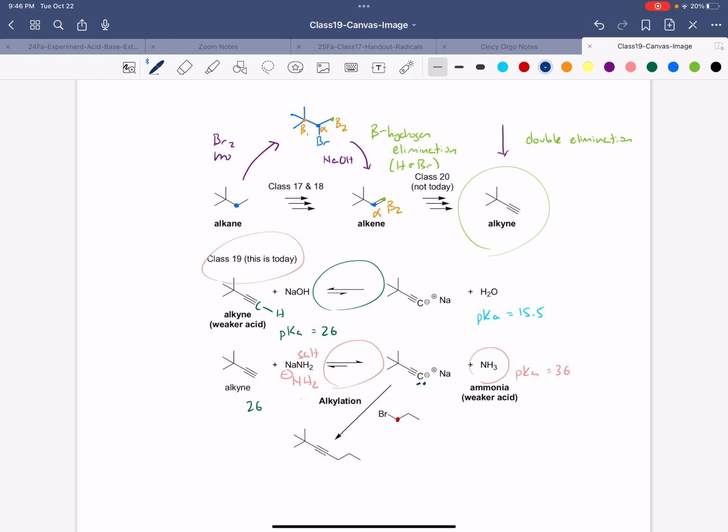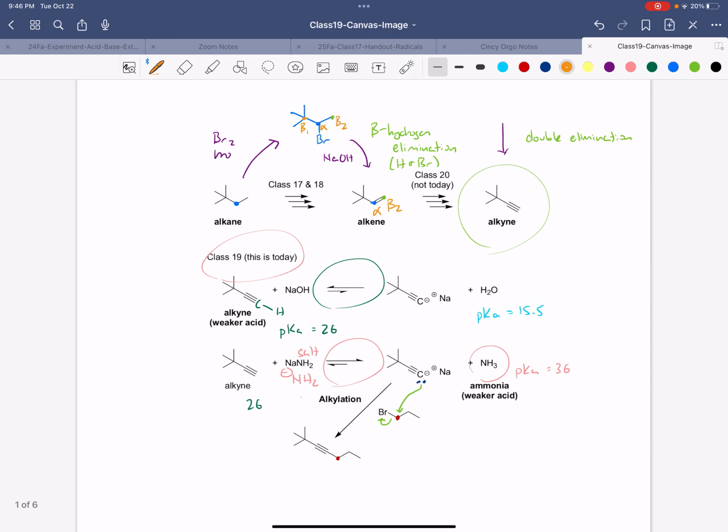We take the alkyne and we remove the hydrogen, and the alkyne anion hits that carbon, kicking off bromine. And where's the red carbon in the product? It's right there. The bond that you made is right here. Bond made.